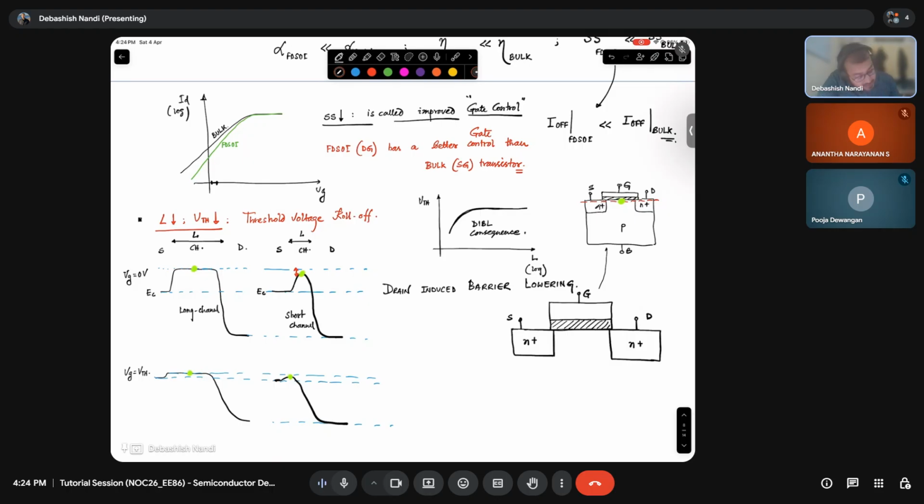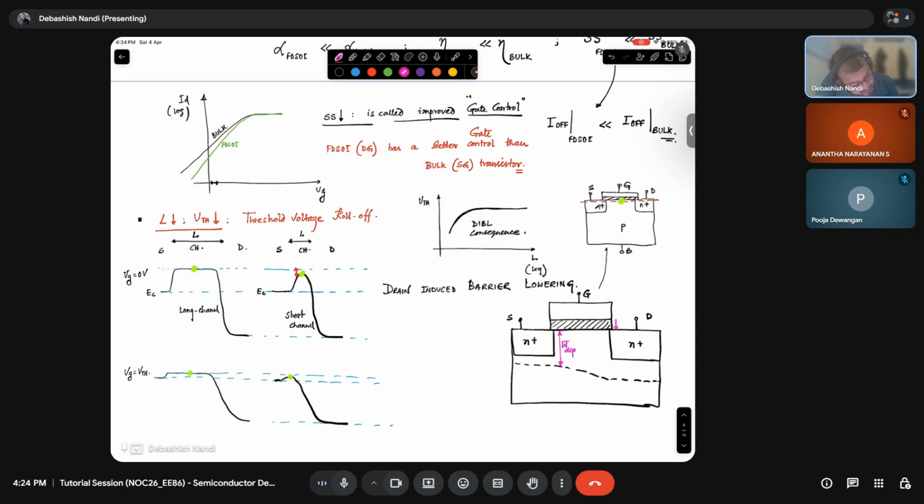And let's say this is your MOSFET, and you have your depletion region, something like this. This is your depletion region boundary. So let me just mark the dimensions. This dimension is your W depletion.